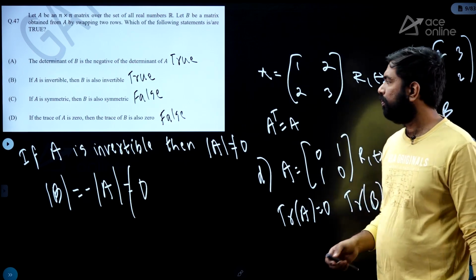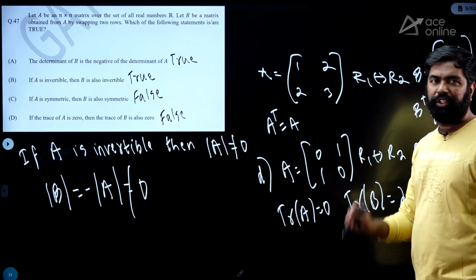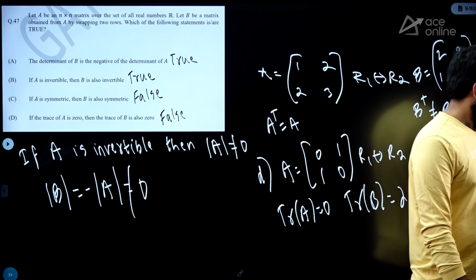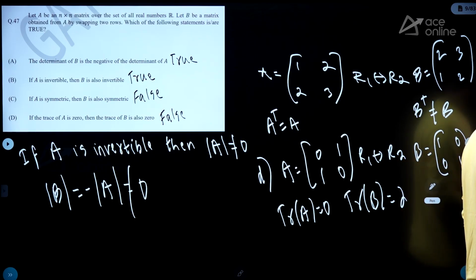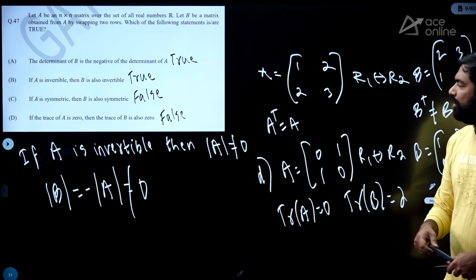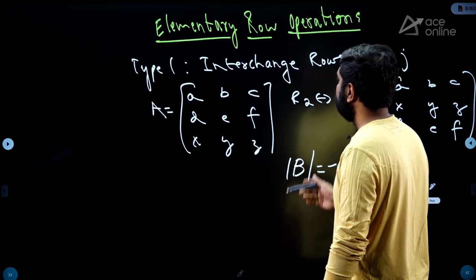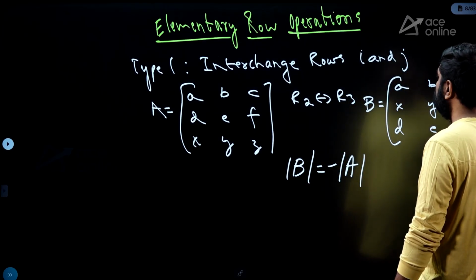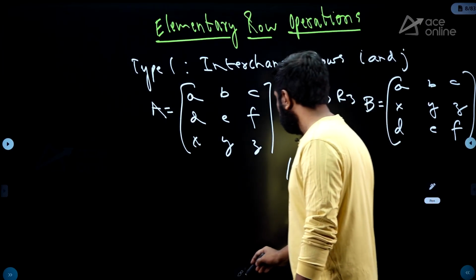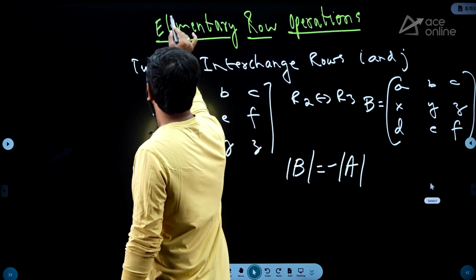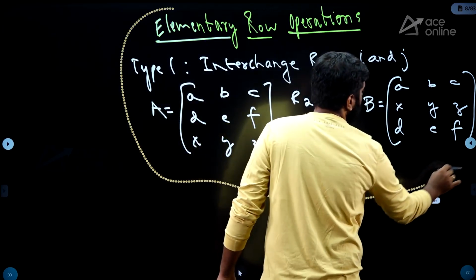Let's proceed. I'll just give you a minute. Observe these things. I was discussing the elementary row operations. This is called type 1, where interchanging rows i and j changes the determinant by a negative sign. Let's discuss type 2.